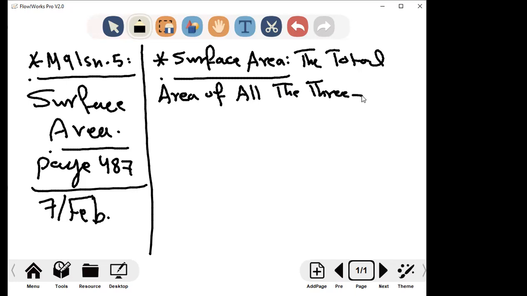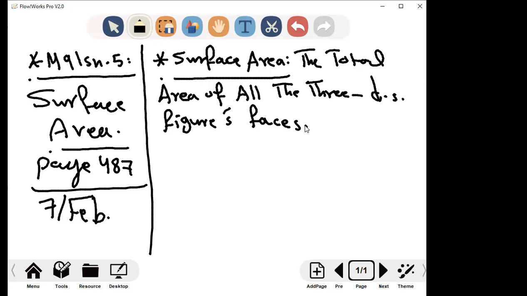The prisms and pyramids, we call them 3-dimensional figures, right? The total area of all the 3-dimensional figures. This is S apostrophe. Faces.